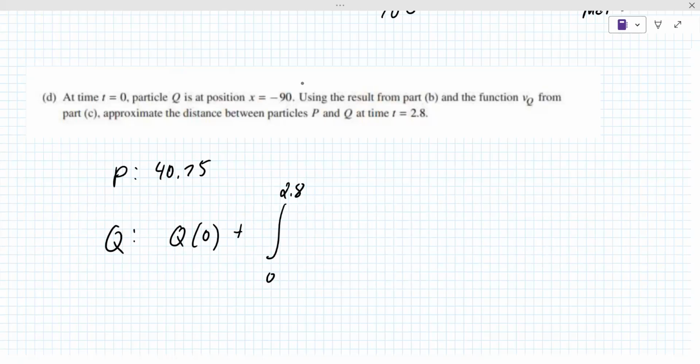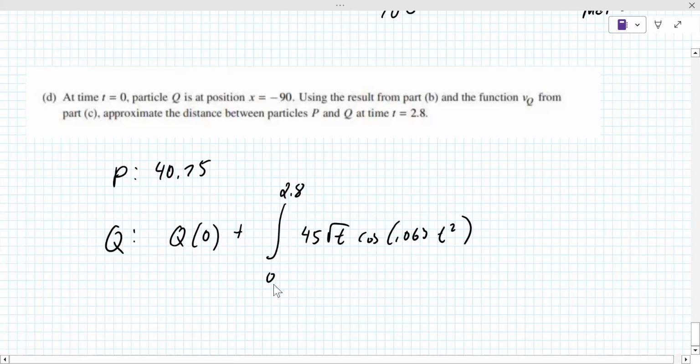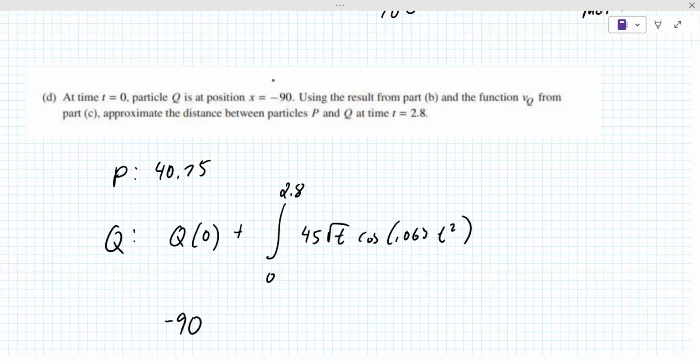You're integrating that function 45 square root t cosine 0.063 t squared from 0 to 2.8. But this time you have to add in this minus 90 for the Q of 0. That's why they're giving you this: at t equals 0, it's minus 90.